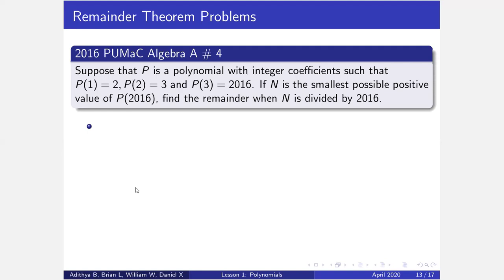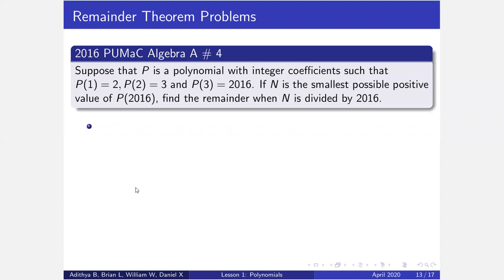If we write p of x equals x minus 1 times x minus 2 times q of x plus r of x, then since we're dividing by a quadratic term, r of x is linear here.